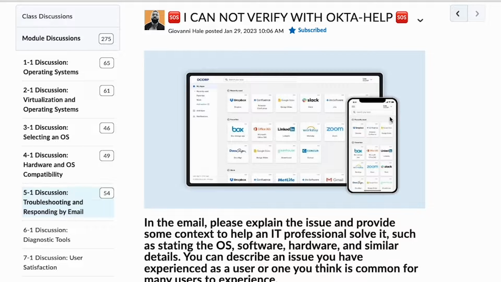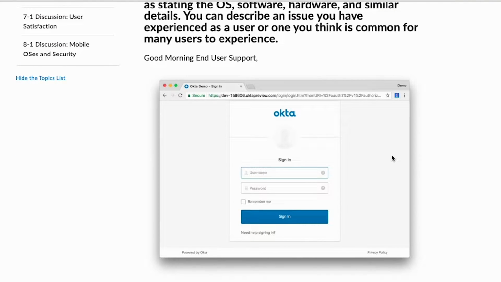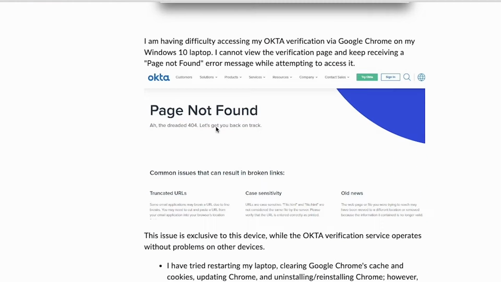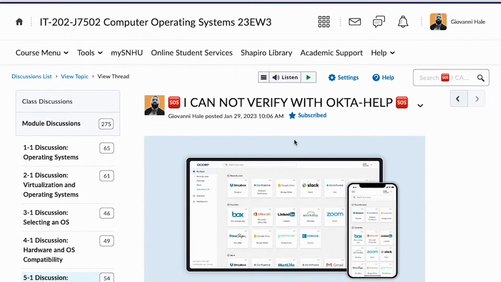If you don't know what Okta is, you can Google it. A lot of institutions and companies use Okta for their verification process. Usually you'll have an Okta logon, and once you get there you will have something like this, which gives you a place to put your user login information. Then if for some reason you get to a point where it says page not found, which some of the people did, this is what I made my specific issue about.